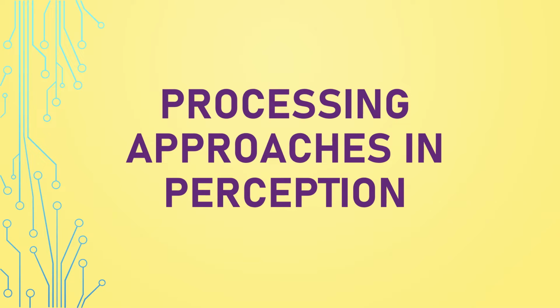Processing approaches in perception. We all know that perception is the ability to see, hear, or become aware of something through our senses. And approach is someone's view. Researchers became interested in understanding how different aspects of perception worked and how the mind interprets and organizes these perceptions.